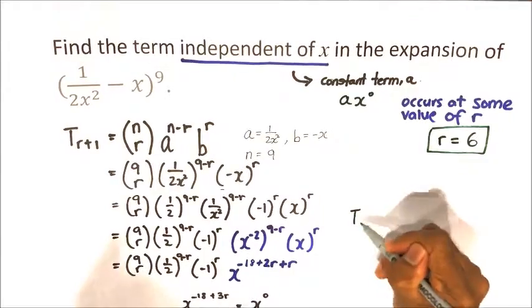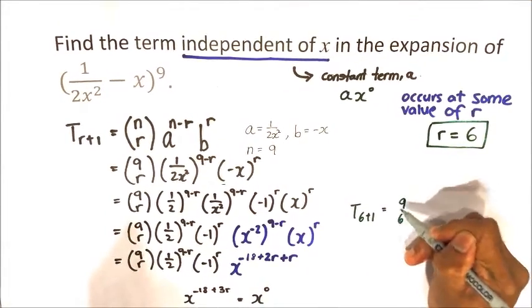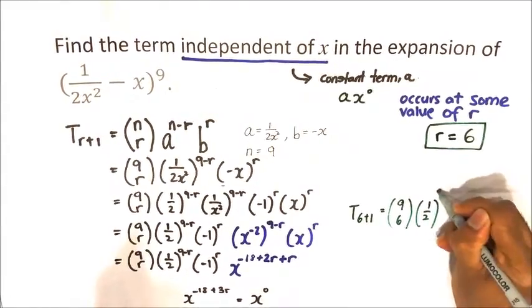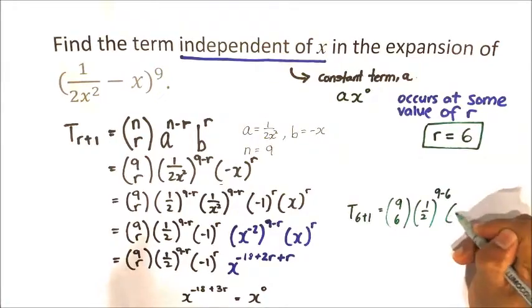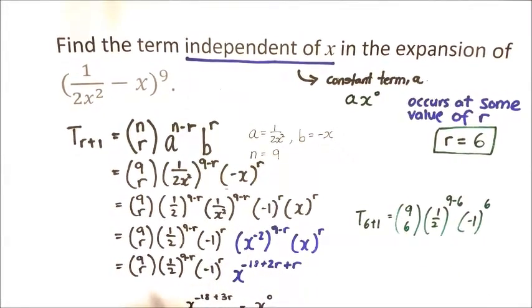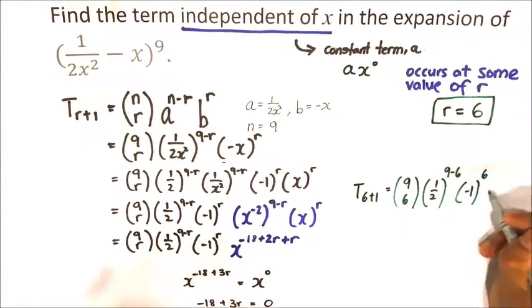So t6 plus 1 is equal to 9 choose 6 half to the power of 9 minus 6, negative 1 to the power of 6. And if we put r equal to 6 into this term here, we will get x to the power of 0.